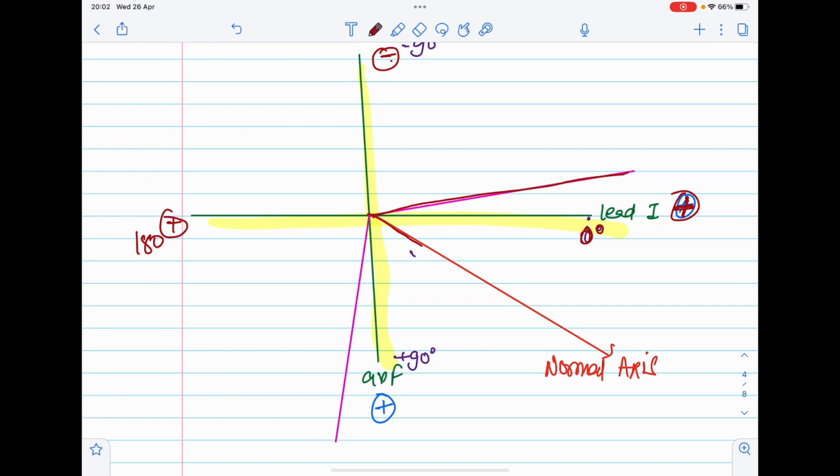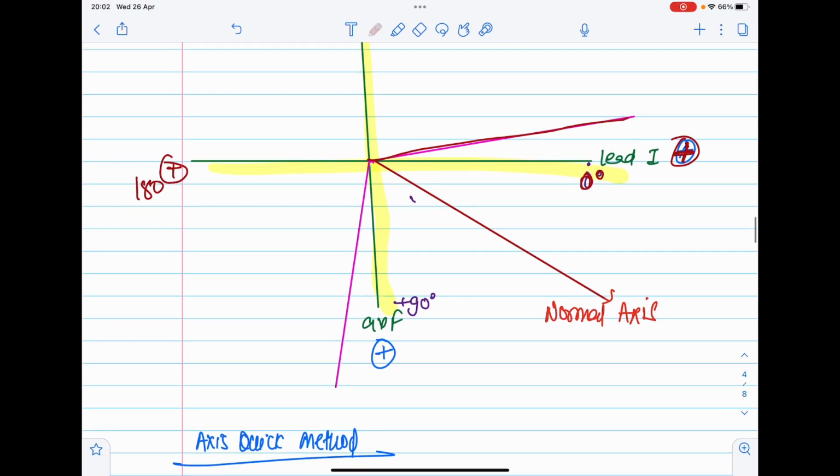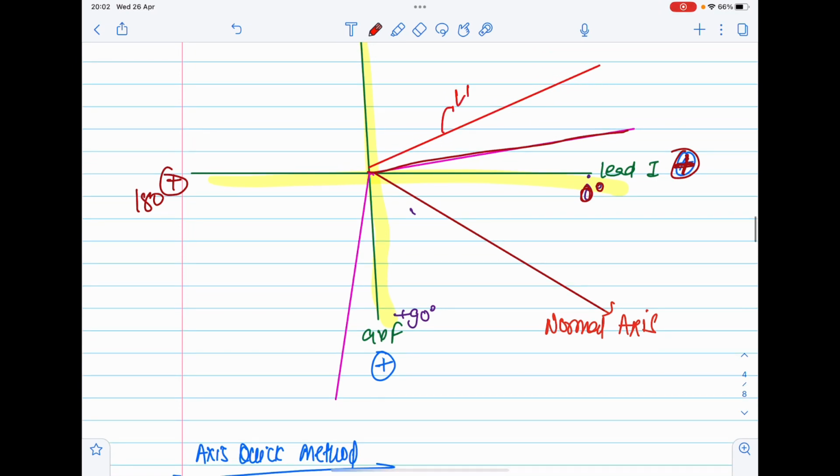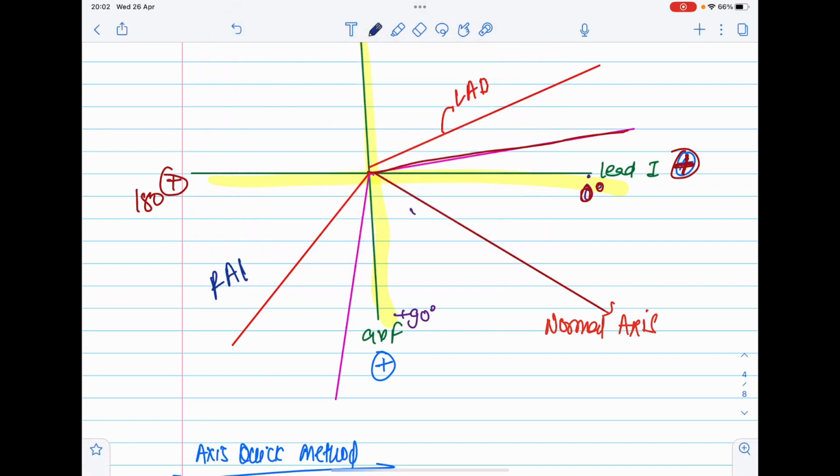And if we go for this, the vector should be somewhere in between. So if any axis will be between -30 to plus 110, we will say that it is normal axis. But if the graph comes here, if it is more than -30, we will say it is left axis deviation. And if it is more than 110, we will say it is a right axis deviation.